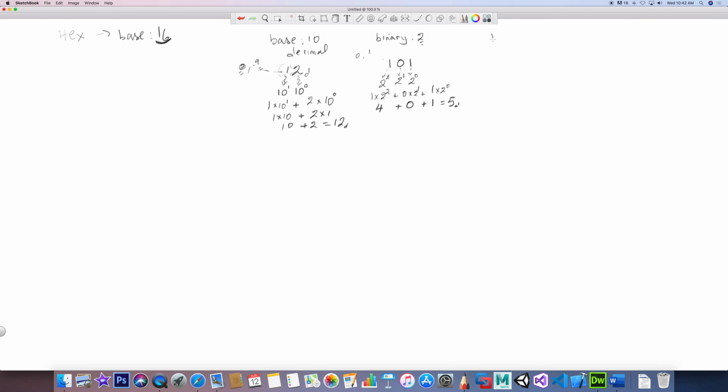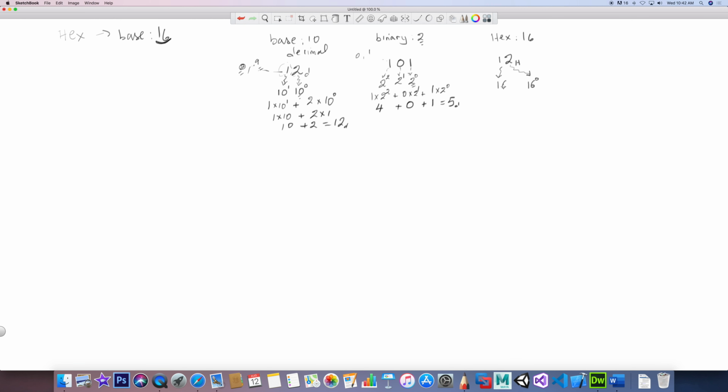Now, let's suppose you had a hex number which has a base of 16. And let's say this time we have 12 that is expressed as a hex number. Okay, so this has a weight, so does this one. So each digit will have a weight. So what will be the first weight right here for position 0? You take the base, just like I did here, take the base, and position 0.